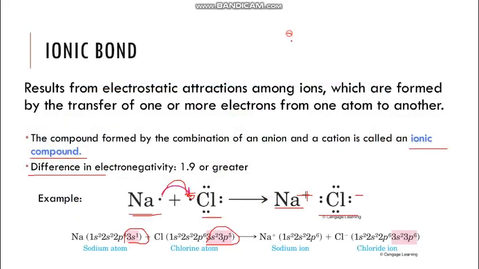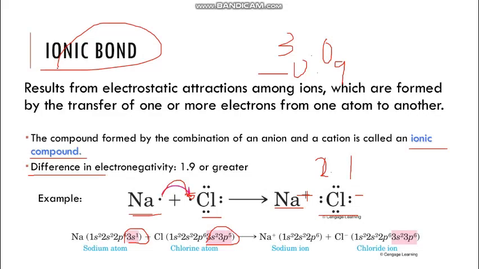So, 3.0 minus 0.9 is 2.1. So, their difference is greater than 1.9, which means ionic bond din talaga siya.